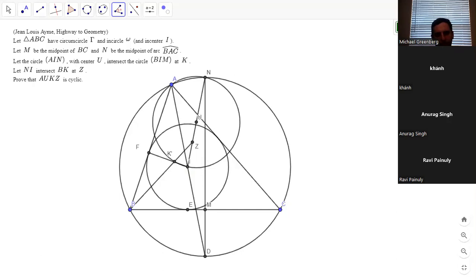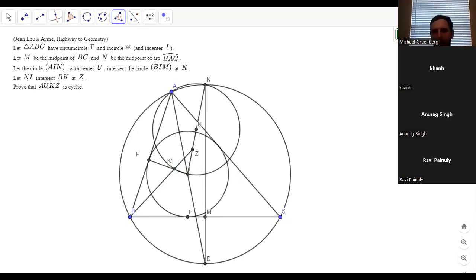Is Highway to Geometry a book? Sorry, I didn't hear you that well. Could you type it in the chat? Oh, if it's geometrical. Sorry, repeat it one more time. Oh, Highway to Geometry.